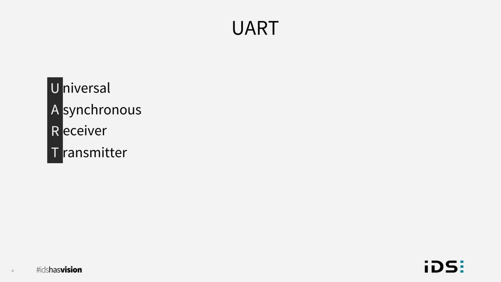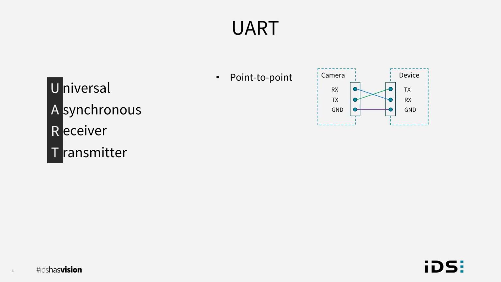So, what are the key differences between UART and I2C? UART, Universal Asynchronous Receiver-Transmitter, is what is known as a two-wire bus and is designed for point-to-point connections, meaning you can only connect and control a single device. The connection uses a transmit line, TX, and a receive line, RX, for communication, and with this connection you can have a full duplex communication where both the camera and the peripheral device can talk to each other simultaneously, or half duplex, where the camera and the peripheral device take it in turns to communicate.